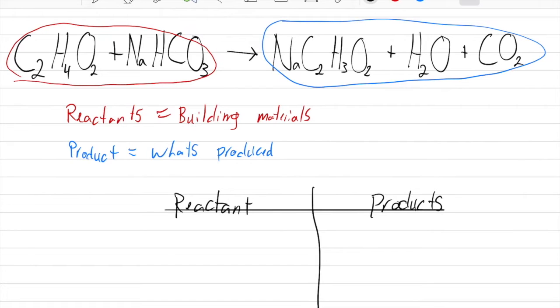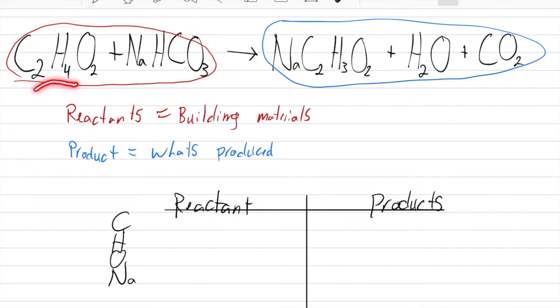There we go. That looks a bit better. Try and do this one while we're at it. All right. And within the reactants and products, it wants you to list how much carbon, hydrogen, oxygen, and sodium we can find. So to do this, we have to take it one molecule at a time.